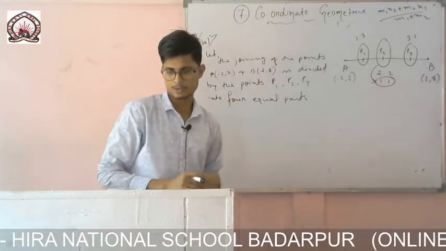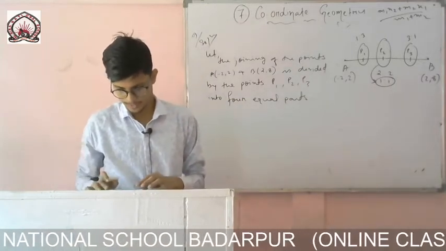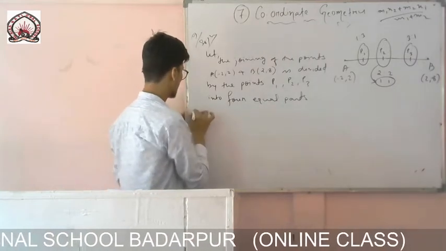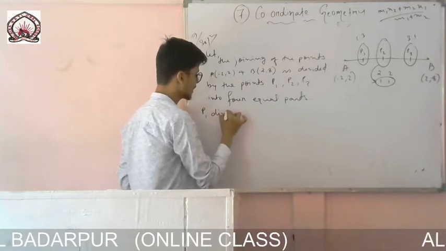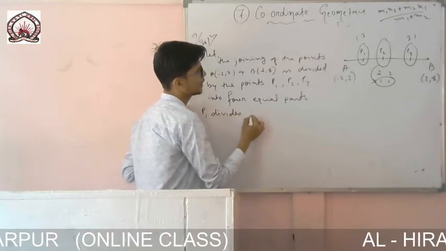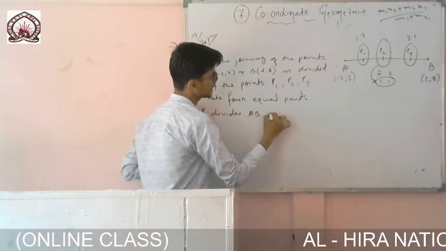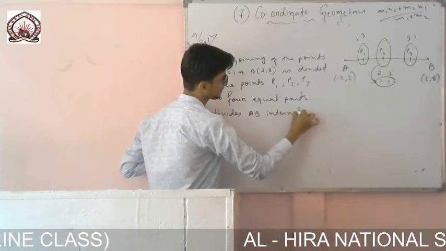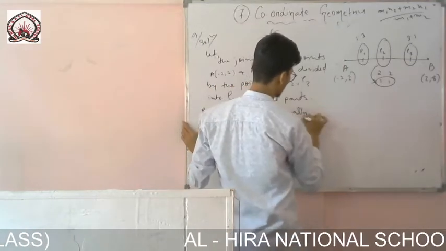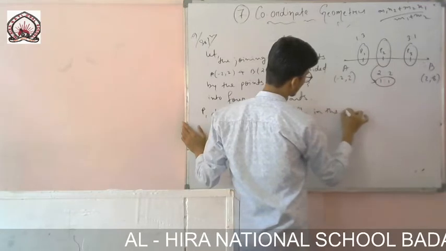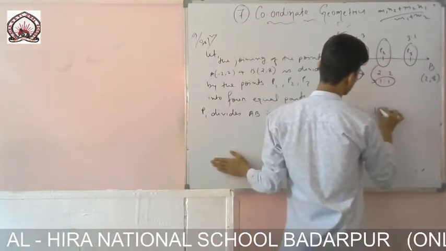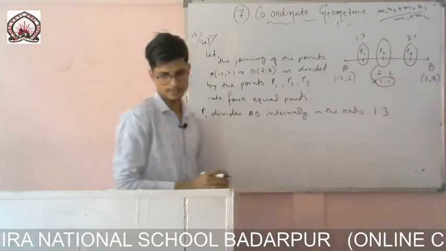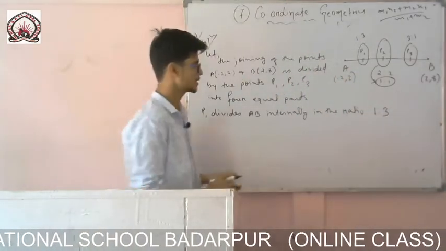Okay, so now one by one we'll find the coordinates. Therefore P1 divides AB internally in the ratio 1:3. What is the ratio? 1:3. P1 divides AB internally in the ratio 1:3.